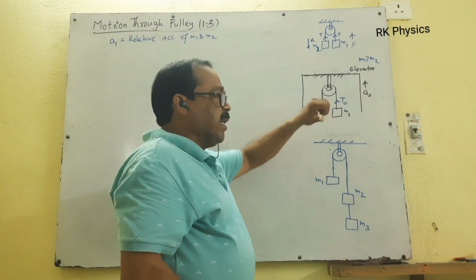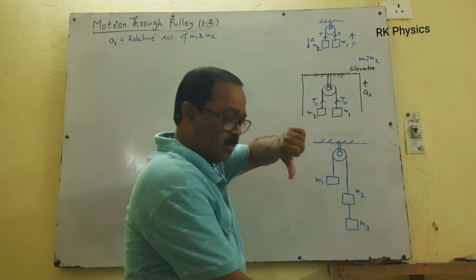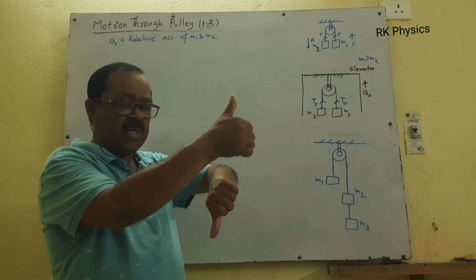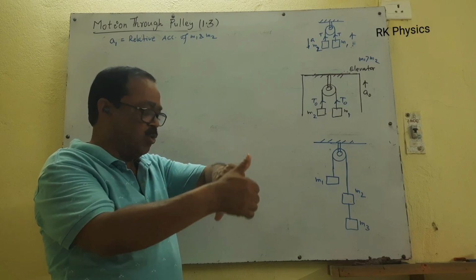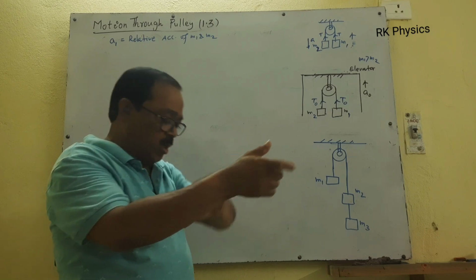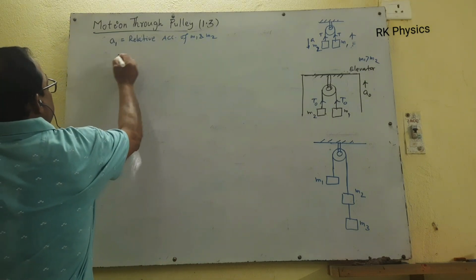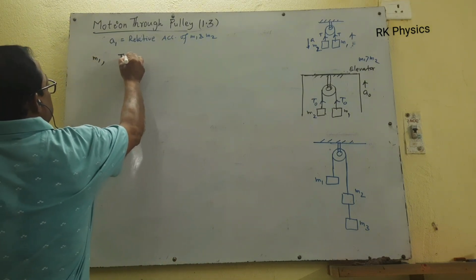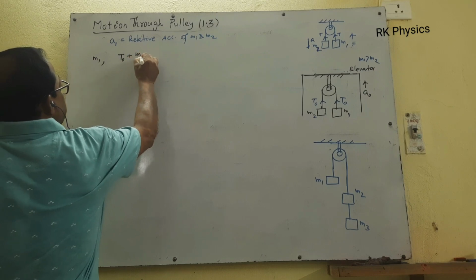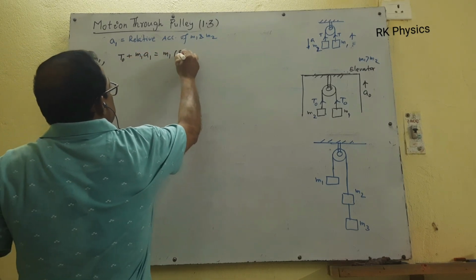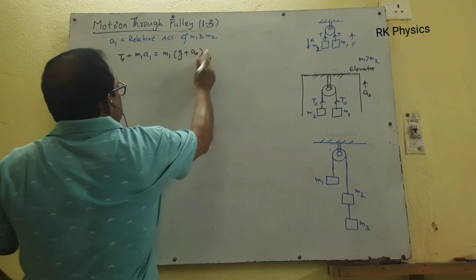Come to this point. M1 is moving down, but the lift is moving up. If the two vectors are moving up and down, then you take the relative property as a sum. That means for M1 you write the equation T0 plus M1 A1 equals M1 into G plus A0.